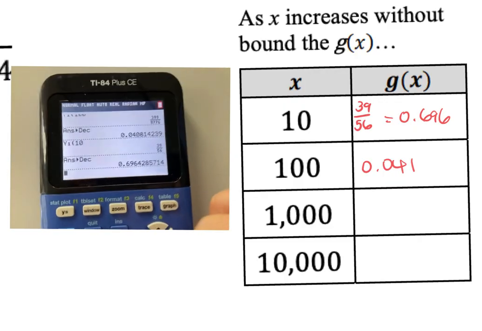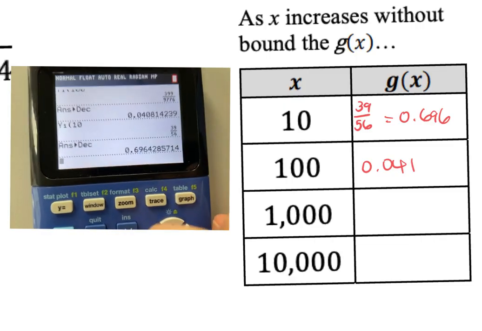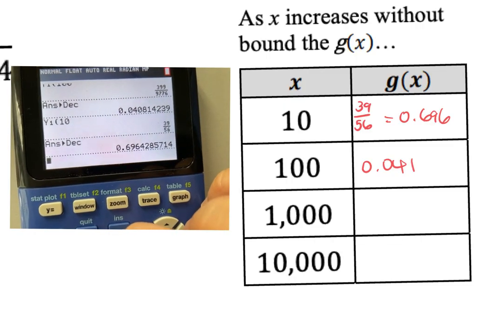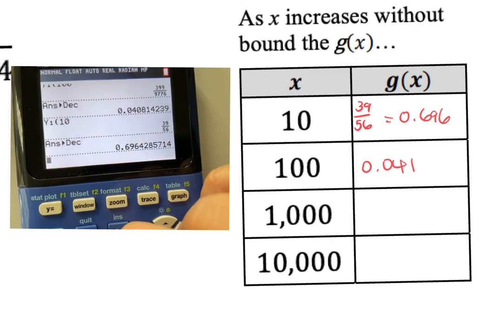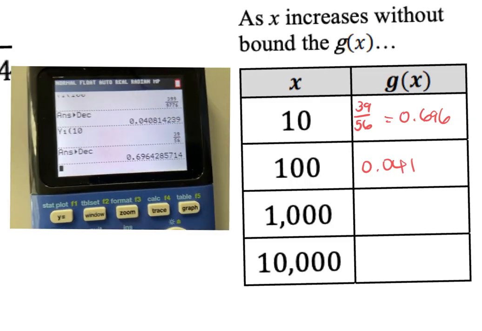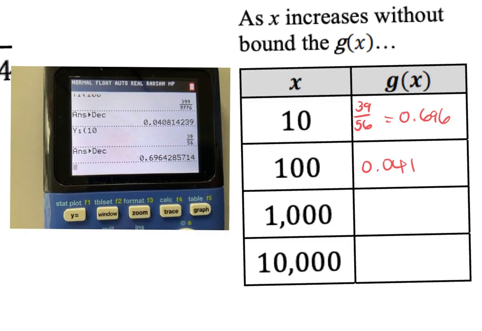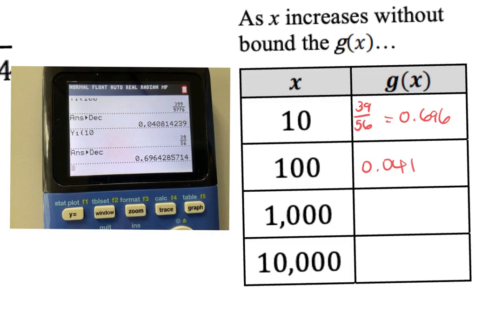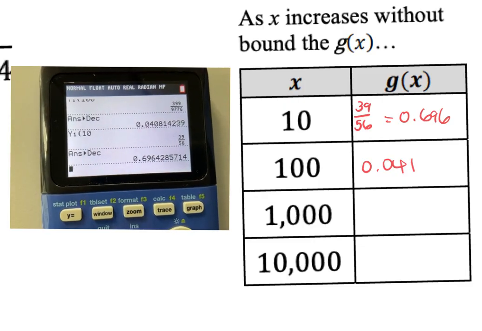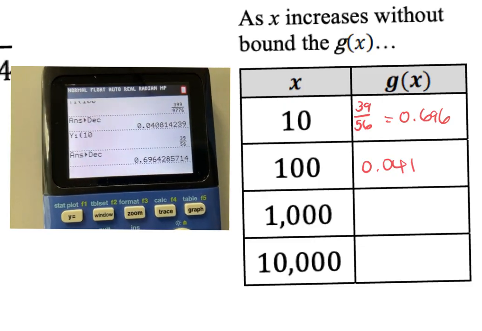Sorry? Because it's not undefined, it's just so far off your graph it can't get it. So you can either zoom really far out, you would adjust your window, your X window would have to go to 10,000. Or you could use this method, which is the Y1, which I think is easier.